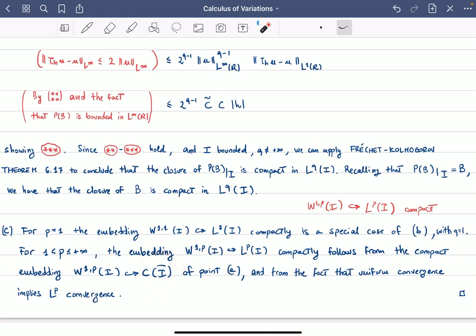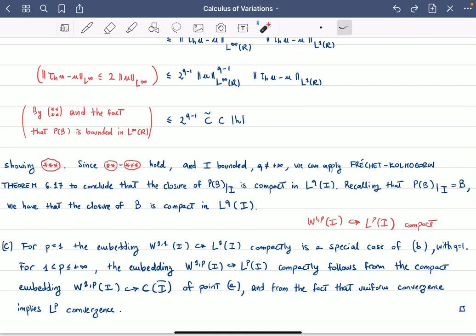And now you can check immediately that uniform convergence implies LP convergence on bounded intervals, meaning that if you take a compact set here, it will be also compact in LP. And so you get that this embedding here is compact. Okay, so this closes the proof of this theorem.